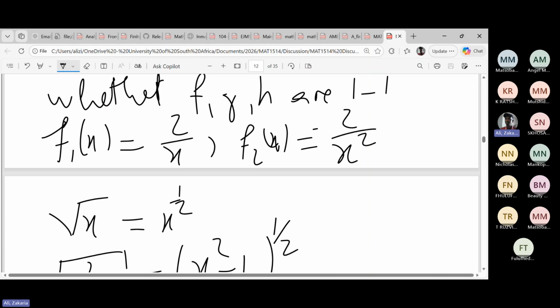Let's say f3 of x is another homework: 1 divided by the square root of x minus 1. In each situation, determine the domain, which is the most important one, perhaps also the range if you want, and also find out whether the function is one-to-one or not.